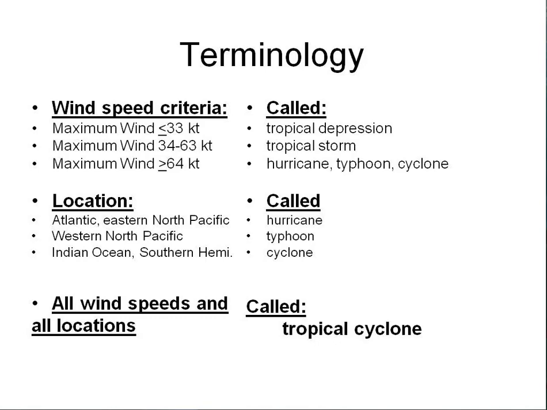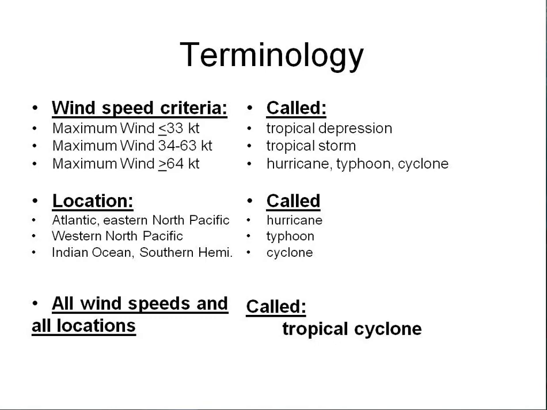There are, however, some variations from what's shown here that are used in some regions. For example, India and Australia use slightly different terminology, but the basic term tropical cyclone is used in those regions as well. Also, I apologize for using non-standard units of knots for wind speeds. However, many operational centers still use this unit, so we're also going to use it in this training session.